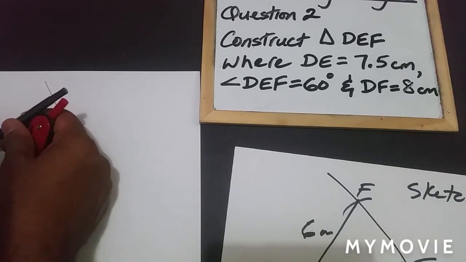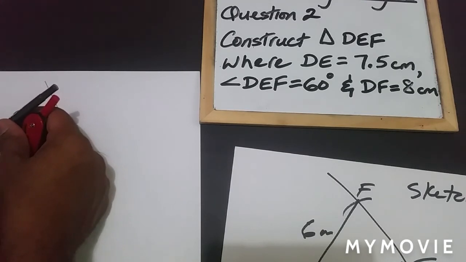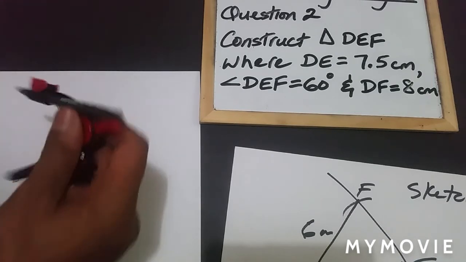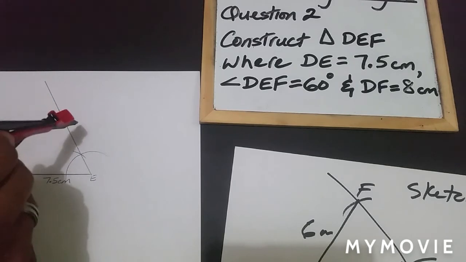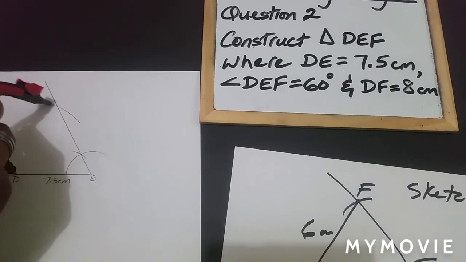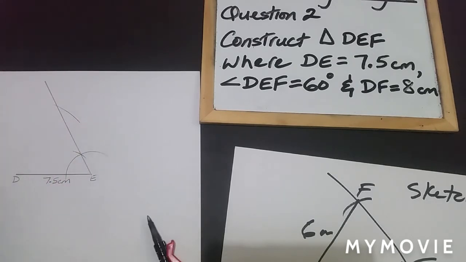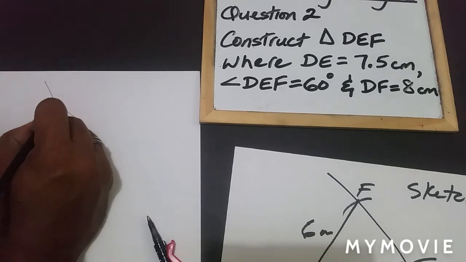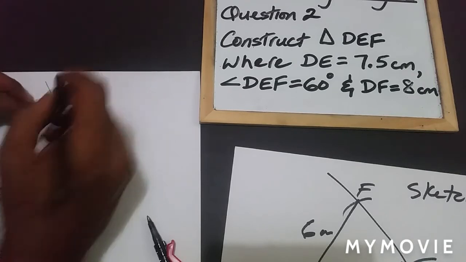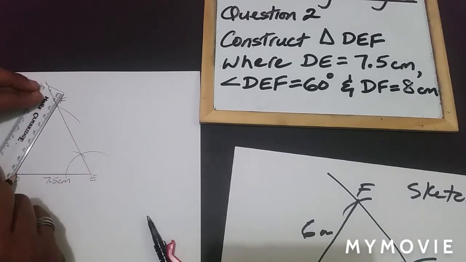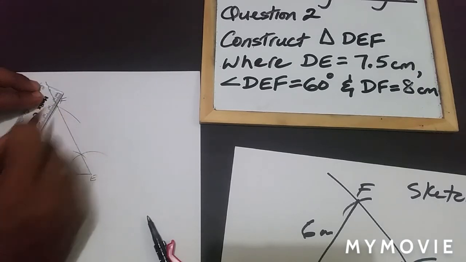So now we have 8 centimeters here on the ruler. So what I'm going to do is just put the compass point at D, as indicated here, and swing an arc. Okay, so where the arc cuts the line now, that would be F. So definitely this triangle would exist because the arc does in fact touch the line.